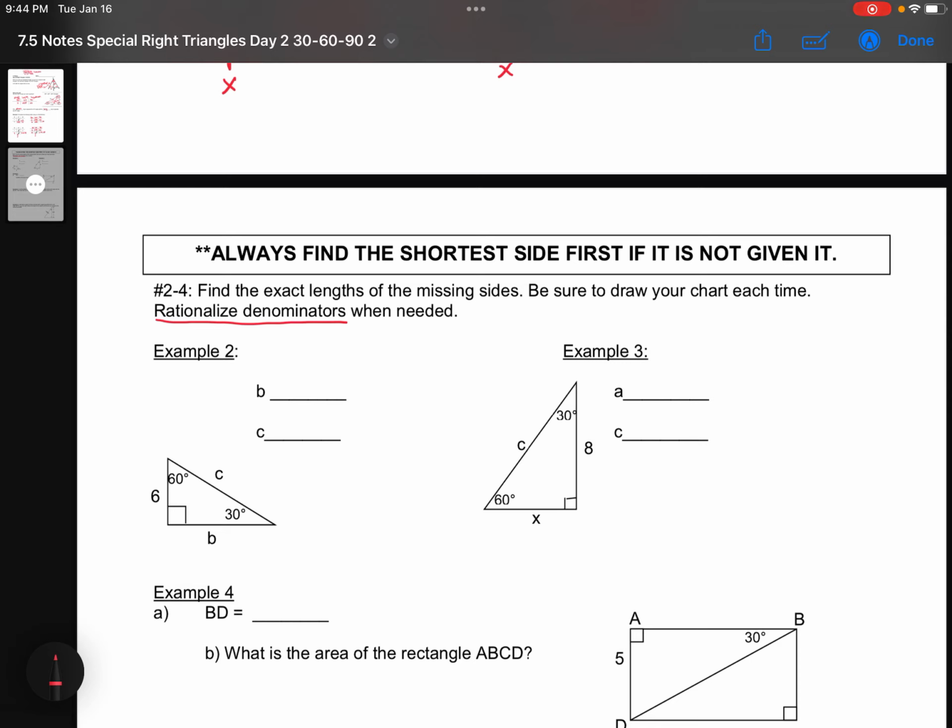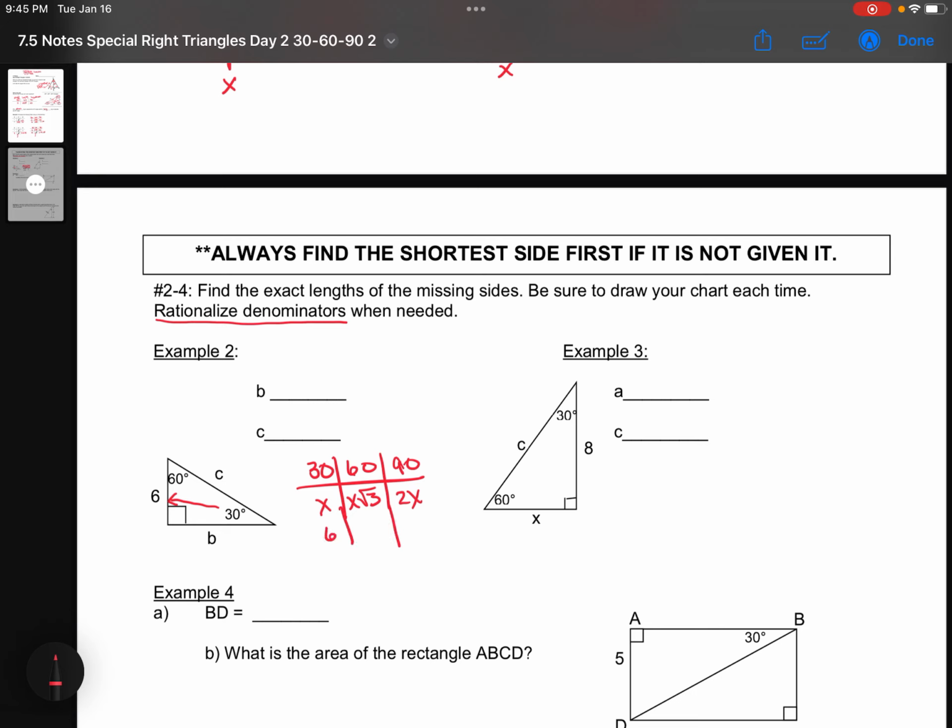Okay, so this is rationalized denominator. So that means square roots. All right, so I'm going to make my little table. X, 2x, x square root 3.